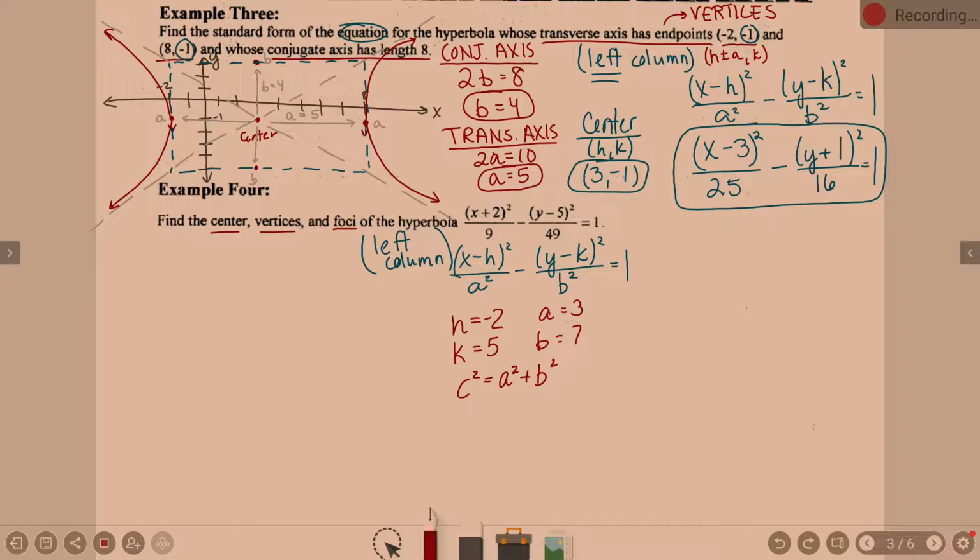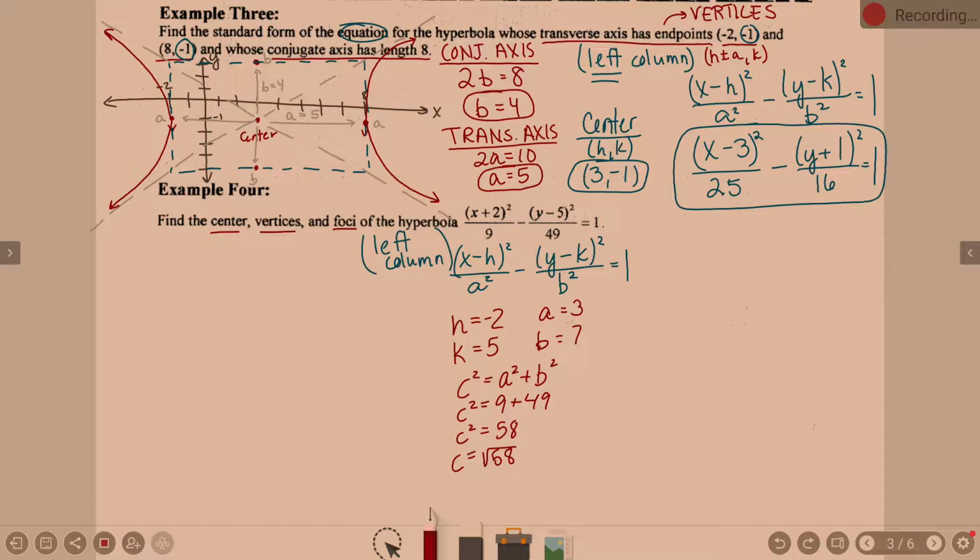Know which one you're working with, right? So c squared is 9 plus 49. C squared is 58. C is the square root of 58. Okay. I was thinking there might be a perfect square in there, but I don't have one written down.